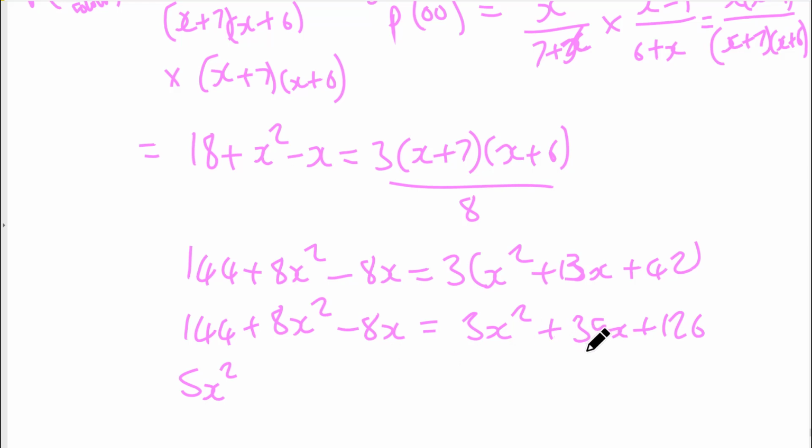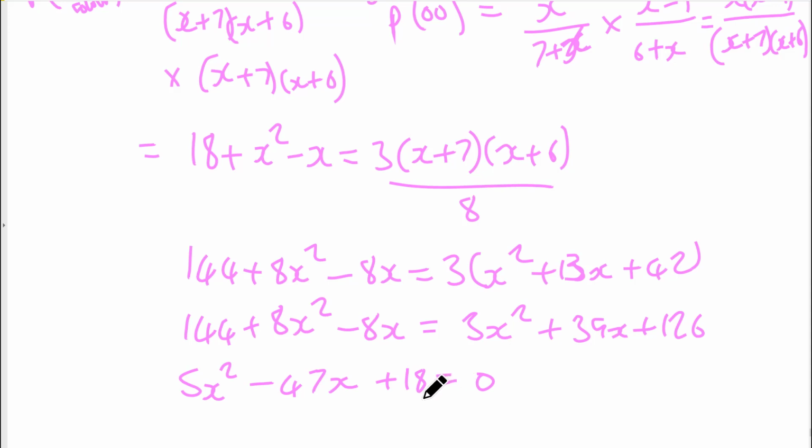Minus 8x minus 39x, minus 8 minus 39, yeah, that's going to give us minus 47x. Got to be careful there. And 144 minus 126 is going to be plus 18. Okay, so to rearrange it to get this, that should be correct.